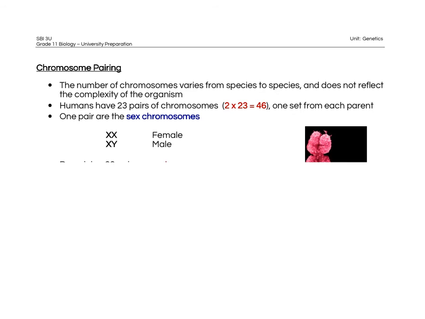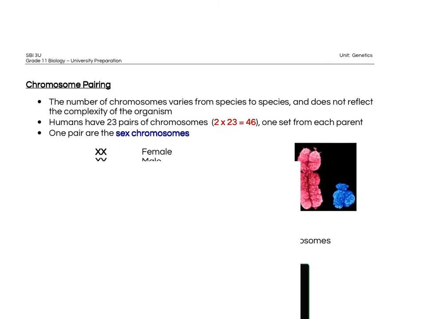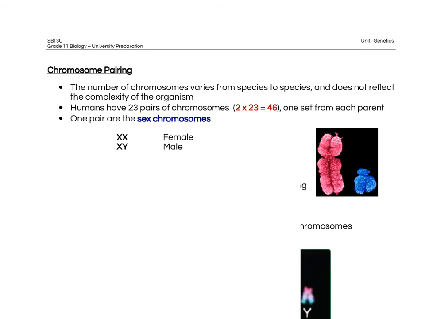So we know that if you were to line up all of your chromosomes, each of the 23 pairs, you would see that the 23rd pair is your sex chromosomes. So if you have an X and an X there, then you would be female.